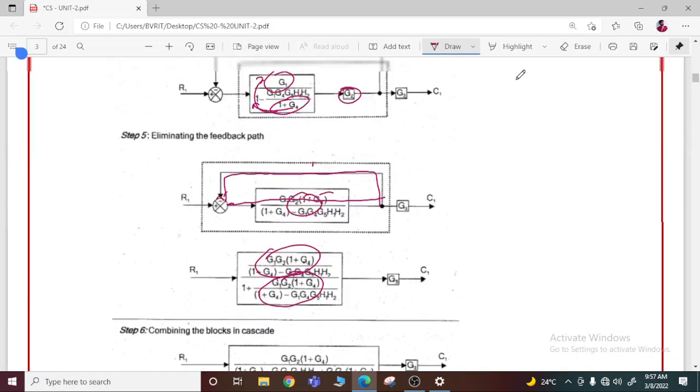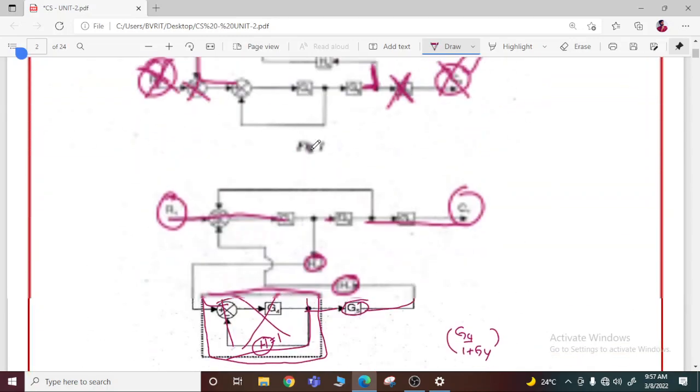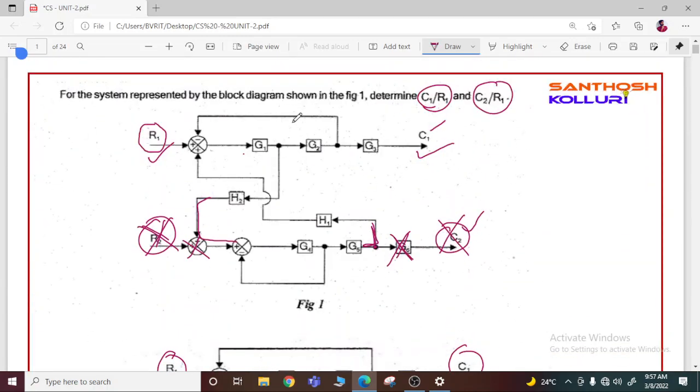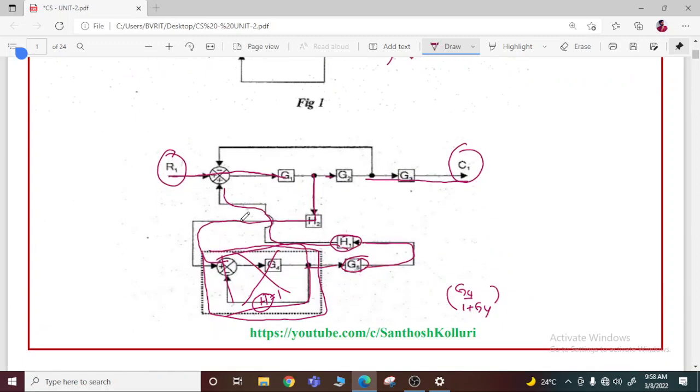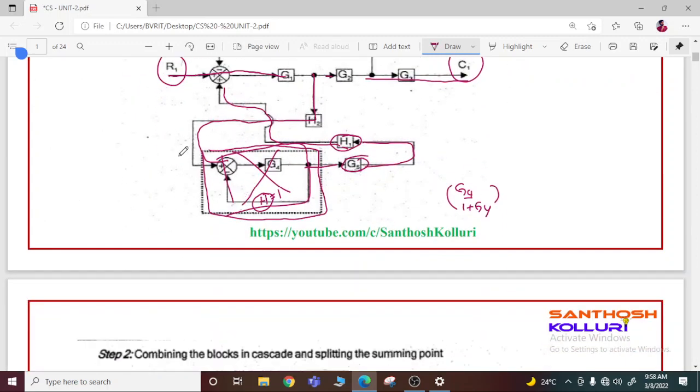What you have done here, first of all, is calculating C1 by R1, so that R2 and C2 become zero here, and by making them zero this block has no effect, and R2 also has no effect. So redraw the diagram, and from that eliminate the negative feedback first.